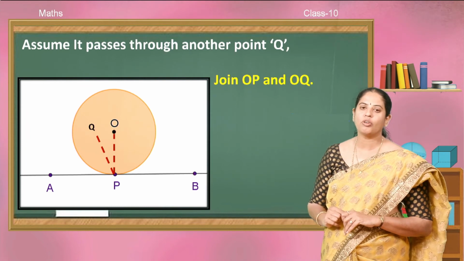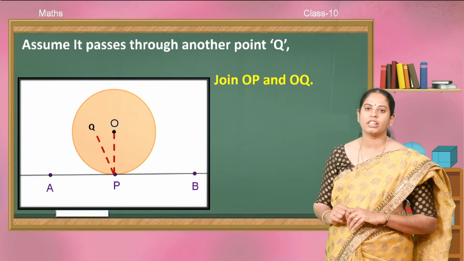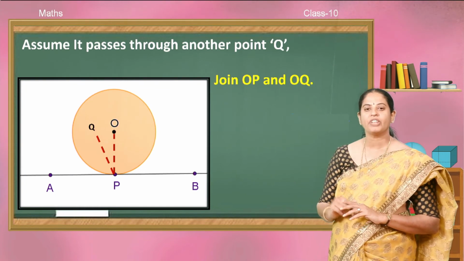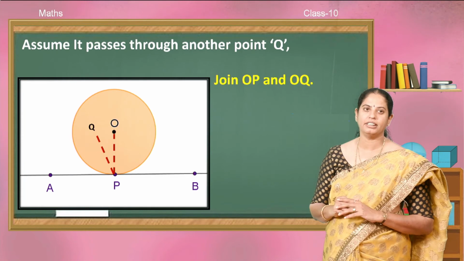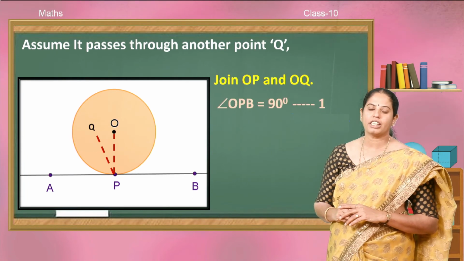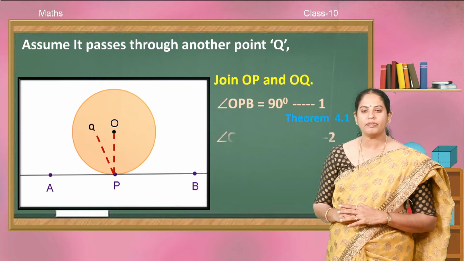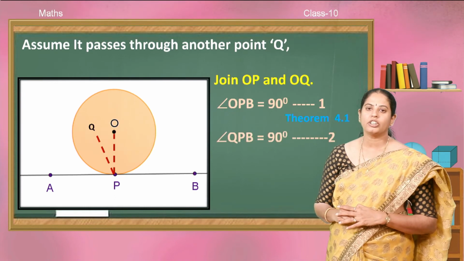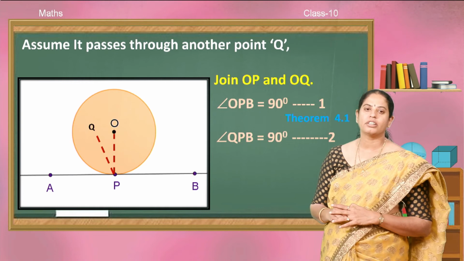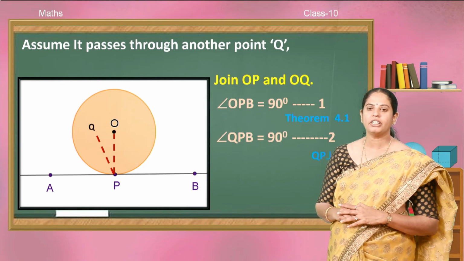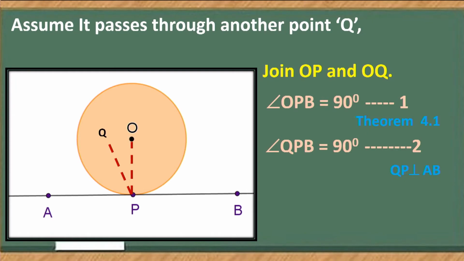After joining OP and OQ, we know that OP is perpendicular to AB because OP is the radius to the circle. Therefore, angle OPB is 90 degrees according to theorem 4.1. QPB is also 90 degrees, statement 2, because QP is perpendicular to AB.